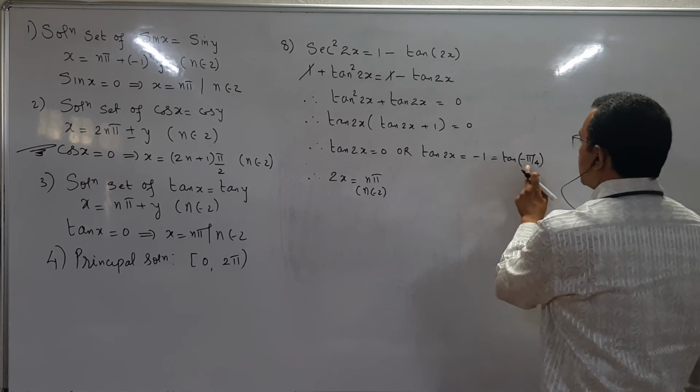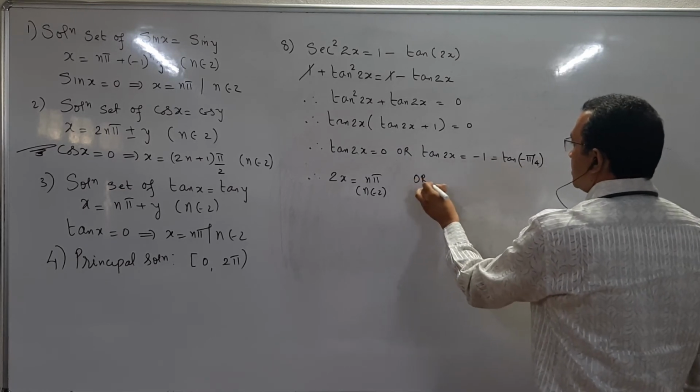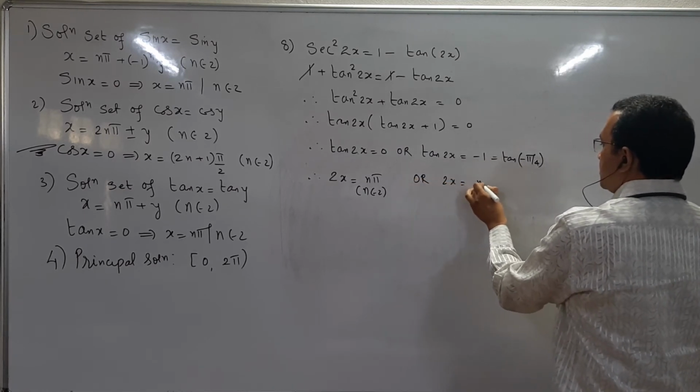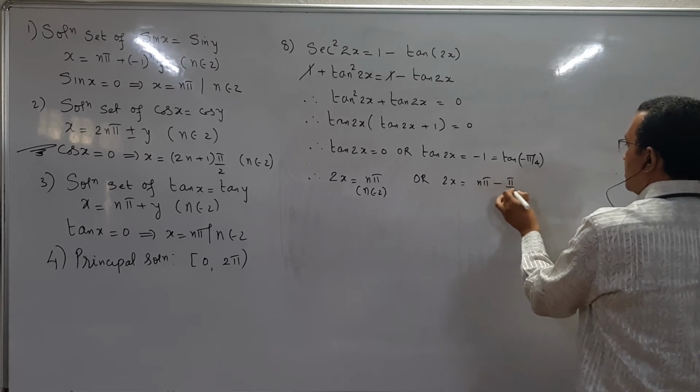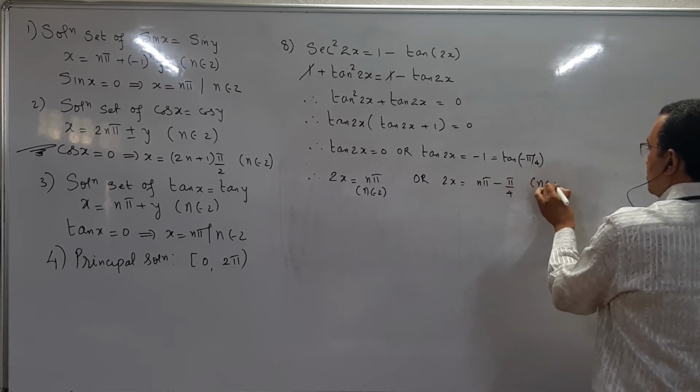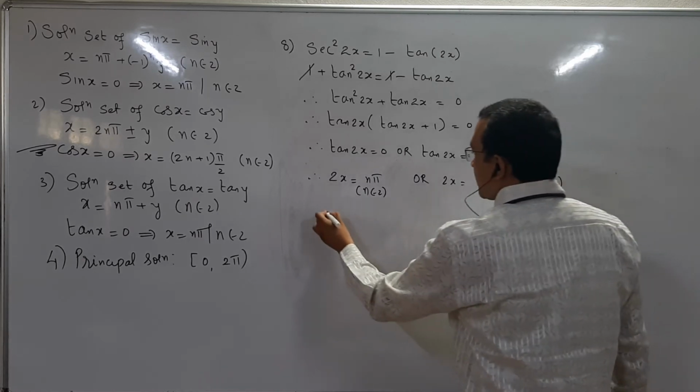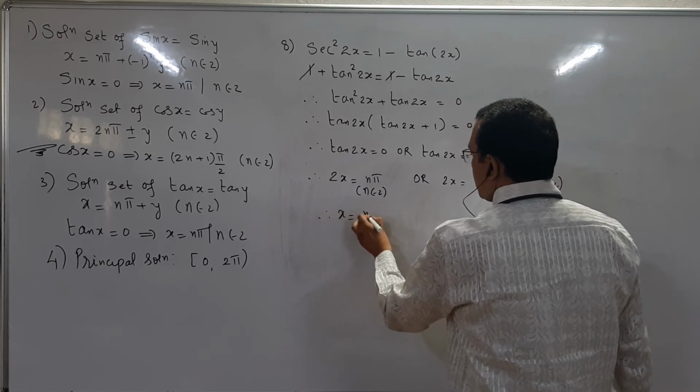So tan 2x is equal to tan y. So twice x is equal to n pi plus y, where n belongs to Z. Make x the subject of the formula.